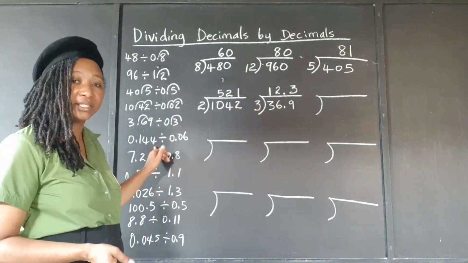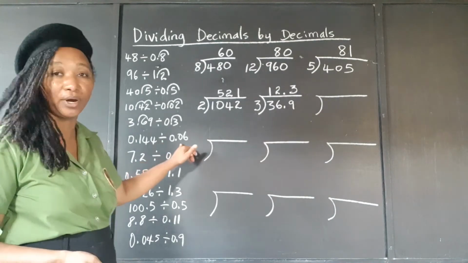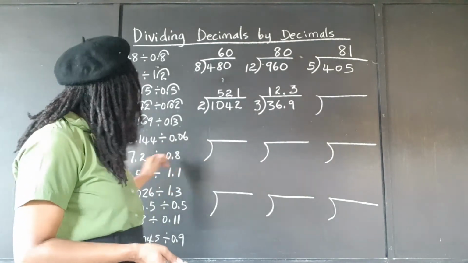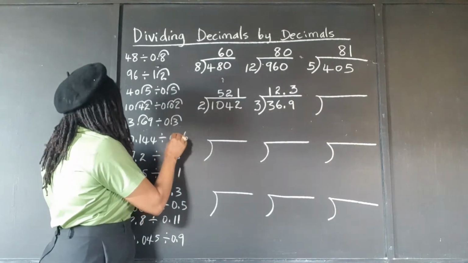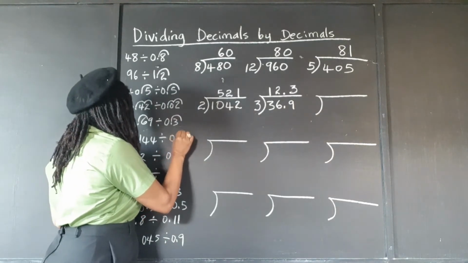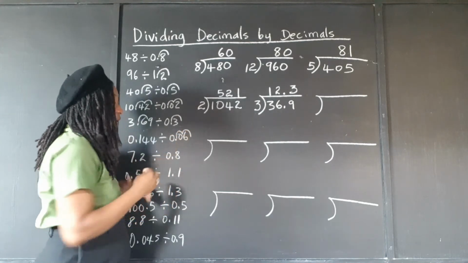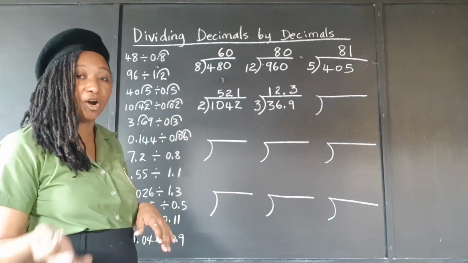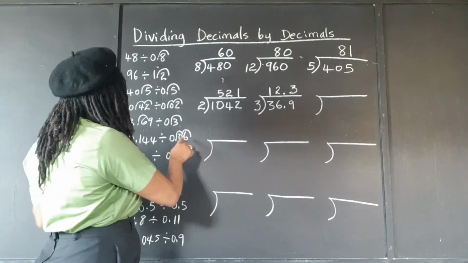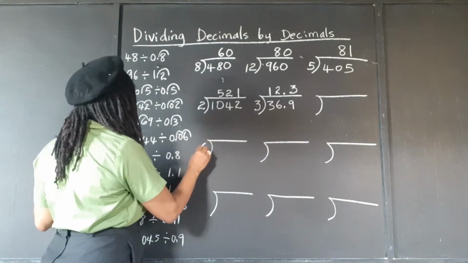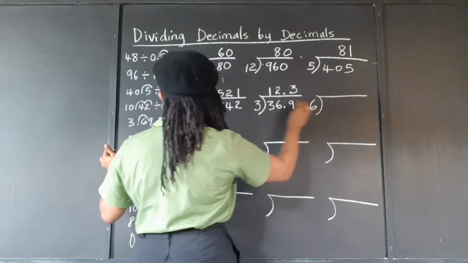0.144 divided by 0.06. Here we have 2 decimal places in the divisor. We're going to clear it by moving 2 places to the right, meaning we're multiplying it by 100 so that it can become a whole number.